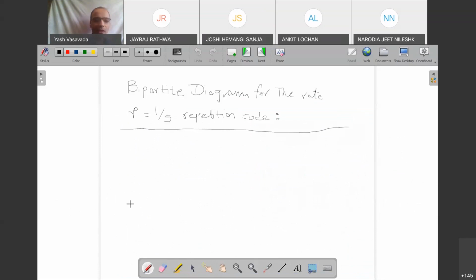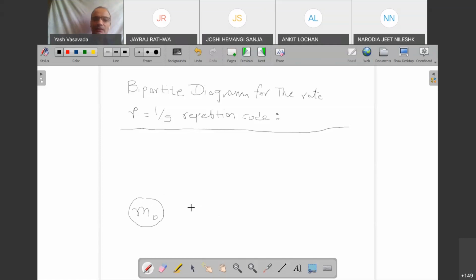For rate 1/5 repetition code, let me start by saying that there is only one information bit. So instead of drawing 3 information bits, I will have only one information bit. For SPC, I had M0, M1, M2. Here, it's not like that. There is only one information bit.